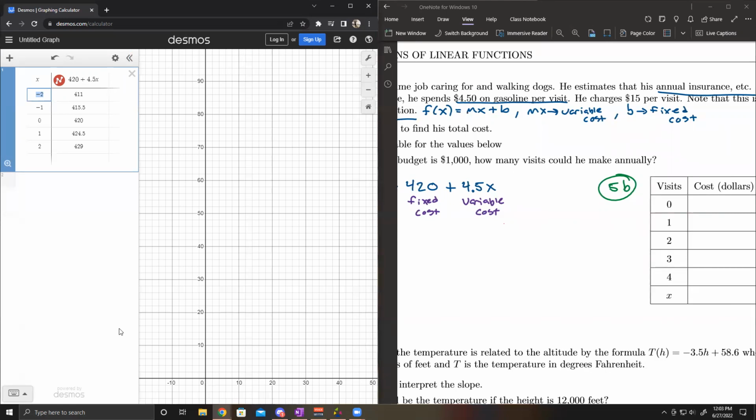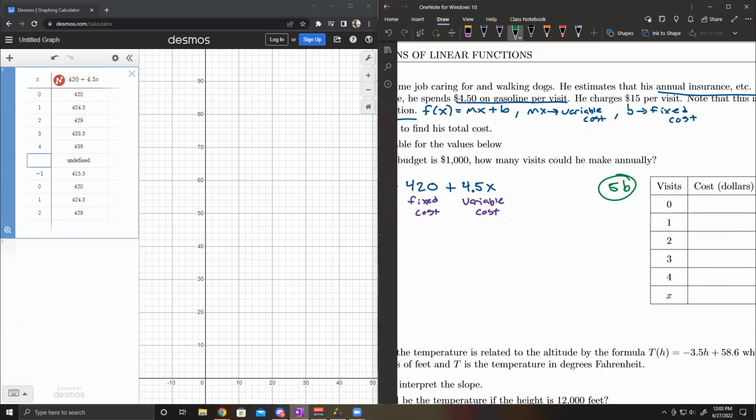And it lets us plug in the numbers we need to. So for us, we need to plug in 0, 1, 2, 3, 4. So I'm going to type those in. There we go. And now just fill in our table over here. If he does 0 visits, let's say he's taking vacation for the year, he is still going to pay $420 in insurance.